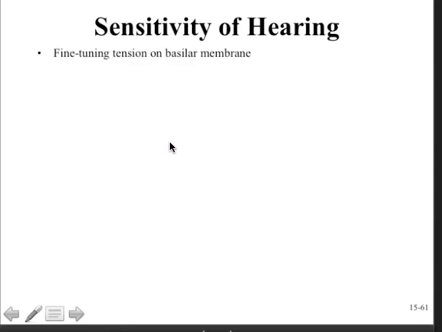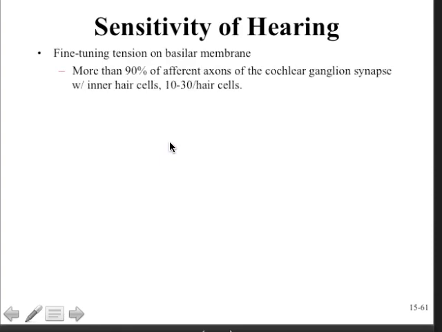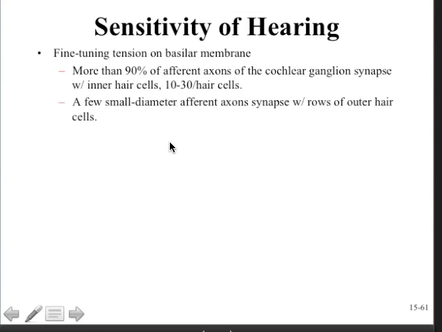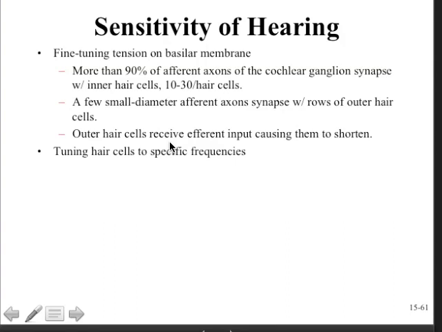Okay, the tension in the basilar membrane is a property of the tissue that composes it. More than 90% of the afferent axons of the cochlear ganglion synapse with the inner hair cells, and this is about 10 to 30 hair cells per ganglion. A few tiny diameter afferent axons synapse with rows of outer hair cells, which receive efferent input and cause them to shorten.